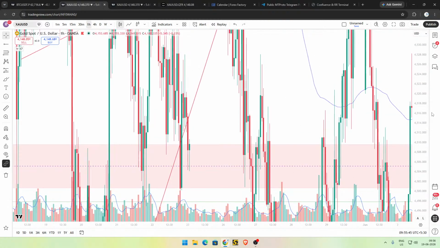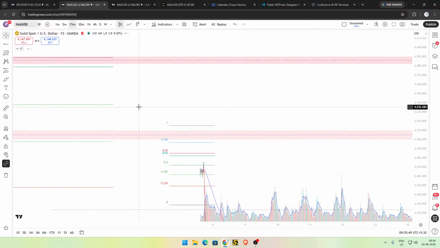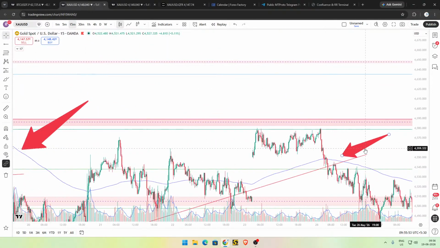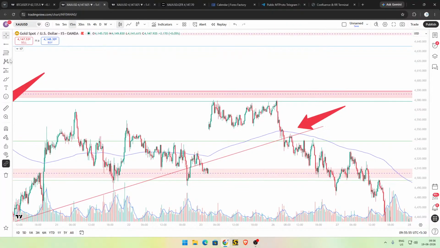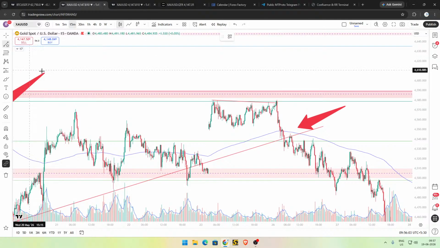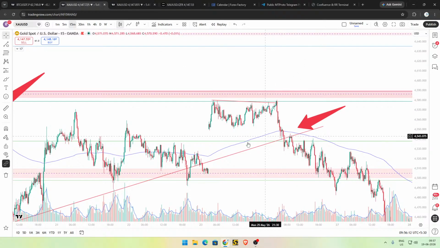And a similar thing happened in gold metals. See, one touch, two, three, 3.5, and there are almost 100 candles, 80 candles, and also it is trading above the 200 area.